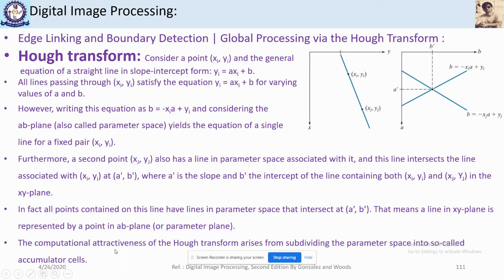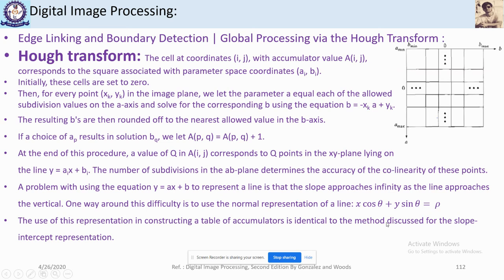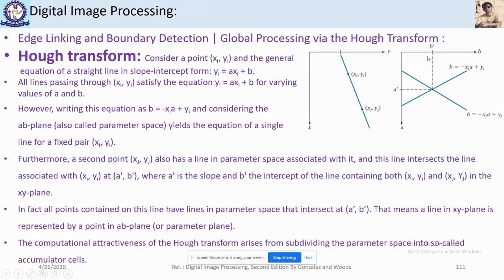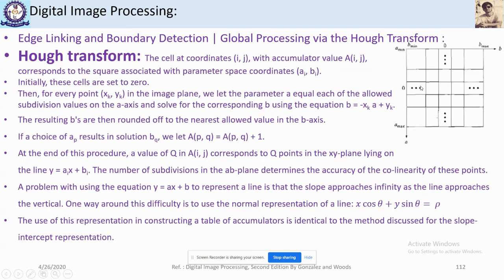The computational attractiveness of the Hough transform arises from subdividing the parameter space into so-called accumulator cells. What is done in the Hough transform is that the parameter axes a and b are divided into their expected values.